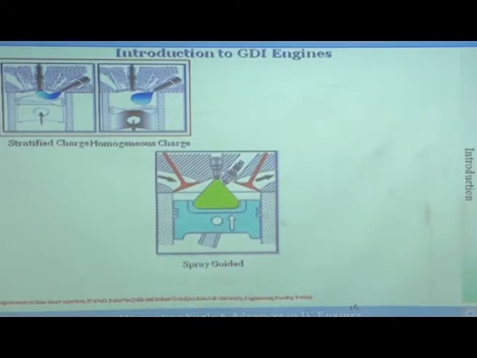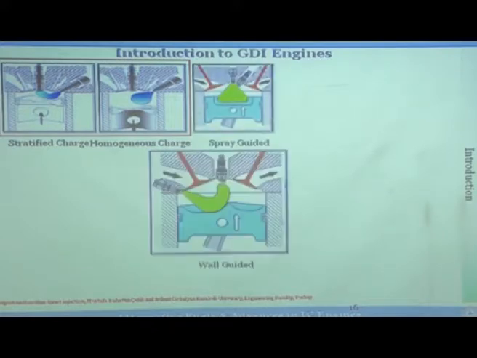Then you have spray guided. I showed you another example, where the injector is mounted at the side. Spray guided. So, here you see the spray is coming, hitting directly the piston, and the spark plug is on the way. So, that means when the spray is being done, you apply the spark and you do not need a tumble motion.